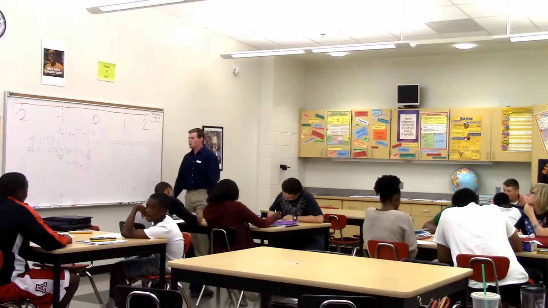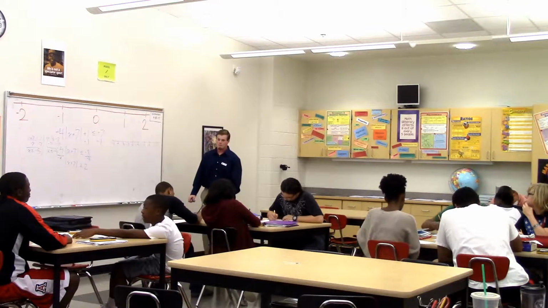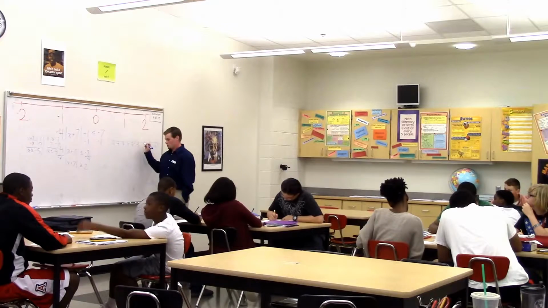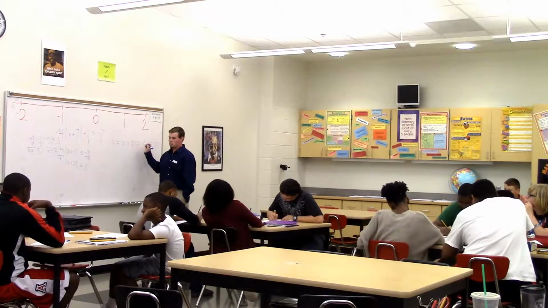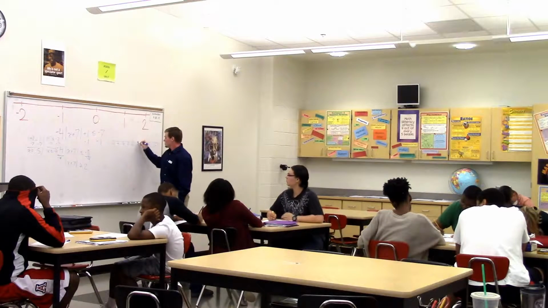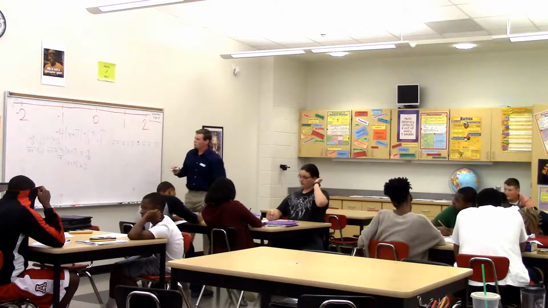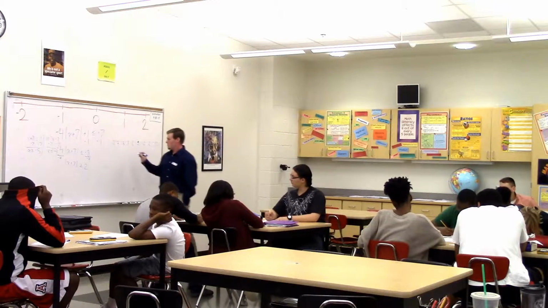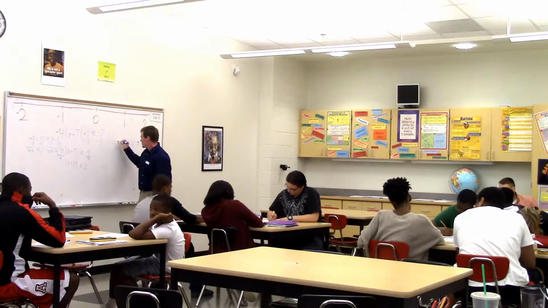Okay, so where's our first dot at? -5. Alright, is it open or closed? Closed. How do we know that? Because it's greater than or equal to, right? Alright, where's our next dot at? -9, and it's closed too, very good.